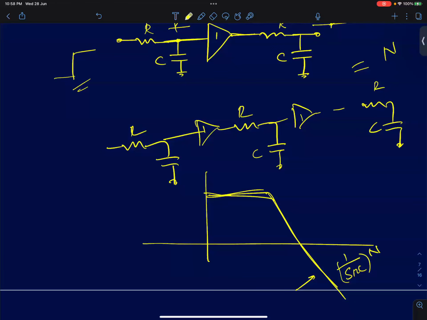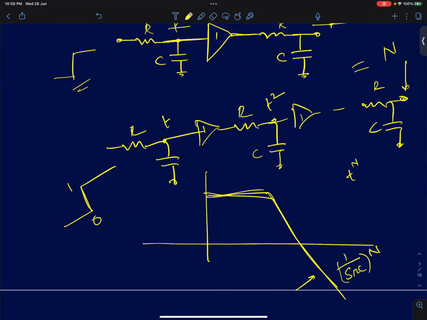So if I feed a step input here, say 0 to 1, and I ask you what the output is going to be at the output of the nth low pass filter, you will tell me to just integrate this input n times. If you integrate this function n times, you should expect the first output to be t, the second output to be t square, and the nth output to be t power n by n factorial or something.